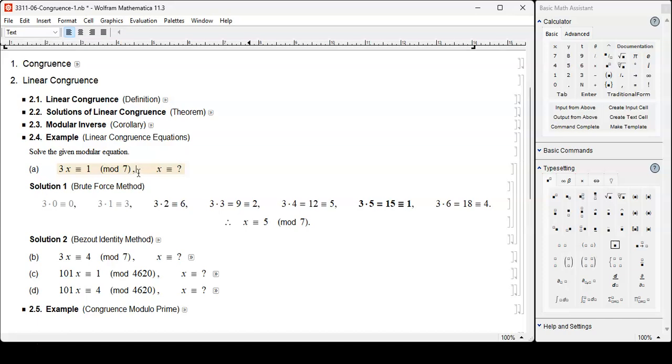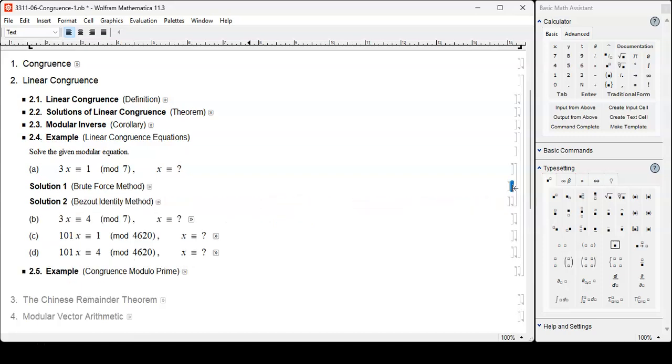There are only 5 cases to check: 3 times 2, 3 times 3, 3 times 4, 3 times 5, and 3 times 6. Among these, we have the answer here. 3 times 5 is 15, and that's congruent to 1, because 14 is 7 times 2, which is congruent to 0. So we have a solution like that.